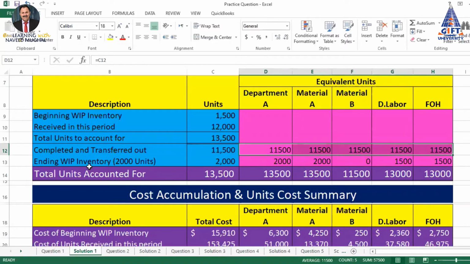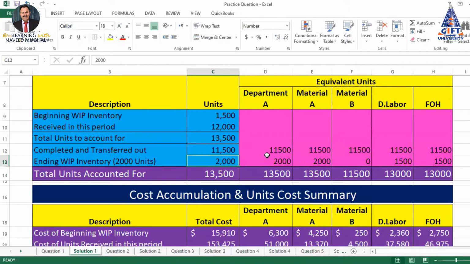And what about work in process ending inventory? Keep in mind, work in process ending inventory is completed 100% with respect to prior department. Always it is 100% with respect to prior department, whether it is given in your question or not. Normally if it is not mentioned in your question, it is understood.